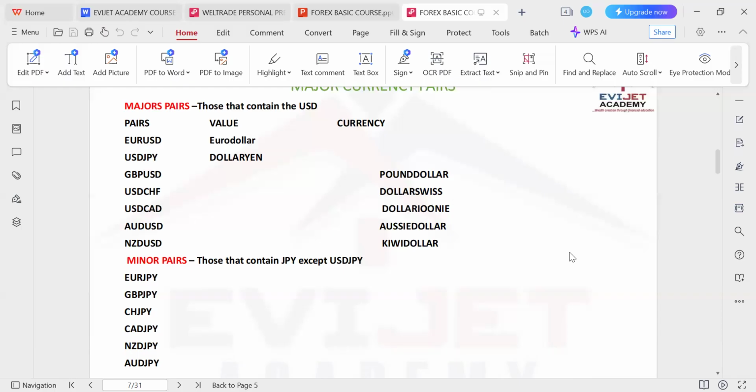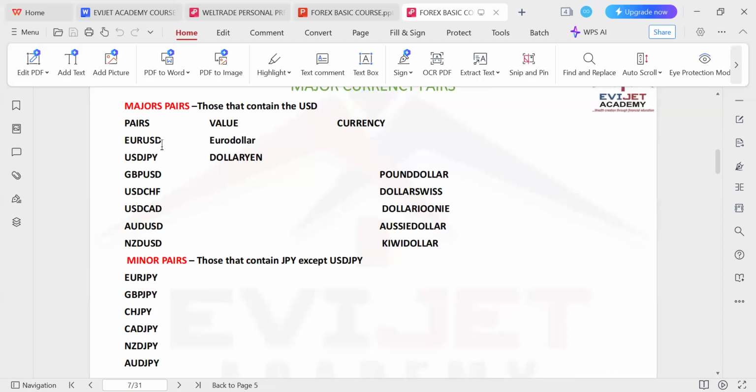All right, all those are just nicknames, but what you need to know are these names: Euro USD, USD JPY, and the rest. So now let's look at the minor pairs. Those are the pairs that contain the JPY except USD JPY. USD JPY is a major pair, not a minor pair.